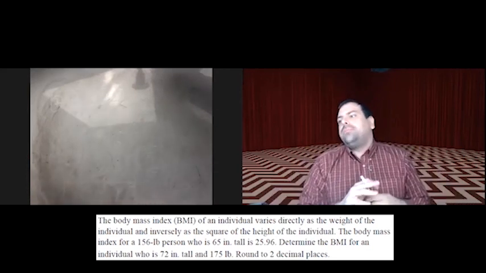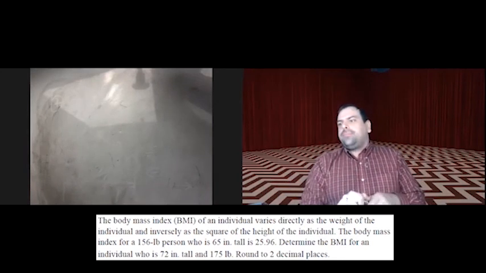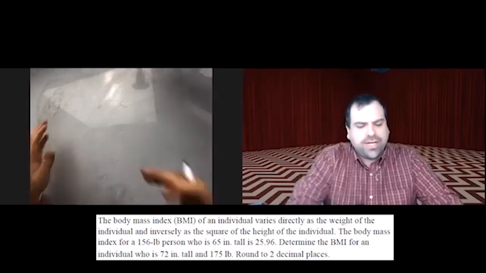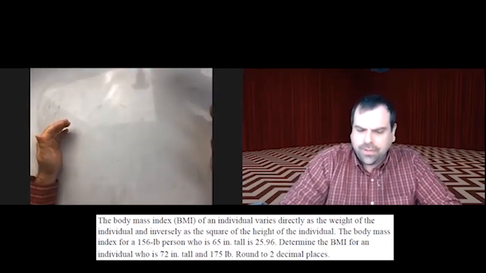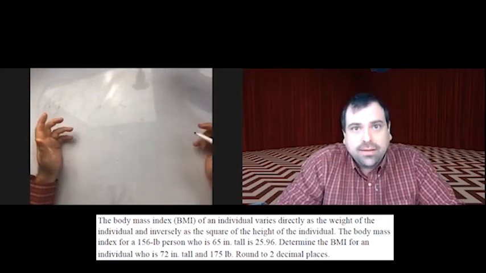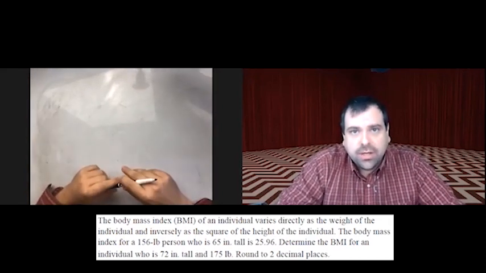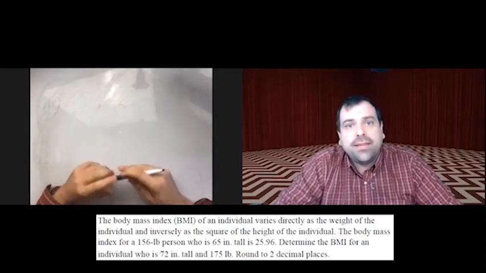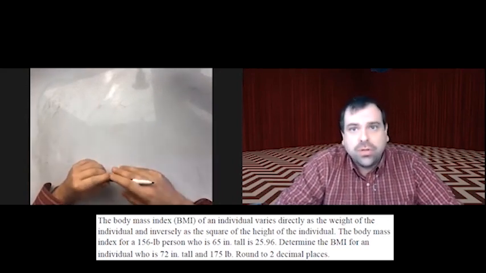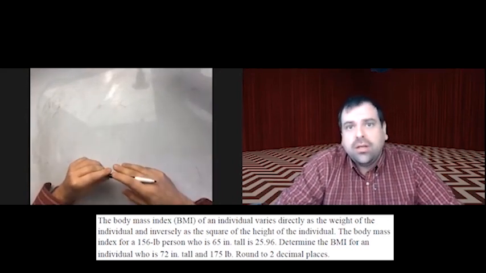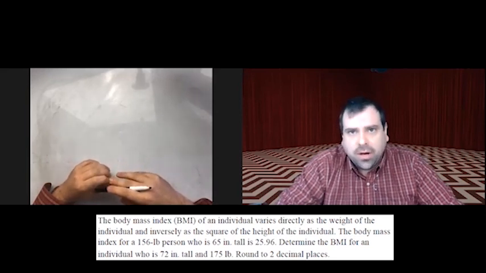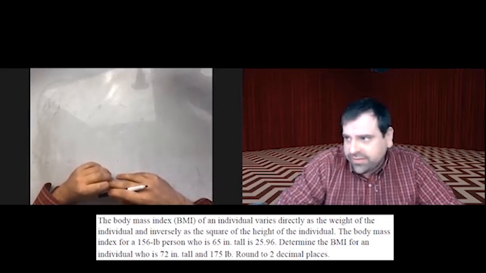So what's important is that very first sentence. We need to write it out using K as a constant of variation, multiplying by things that are directly proportional, direct variation, dividing by things that are inversely proportional, inverse variation.